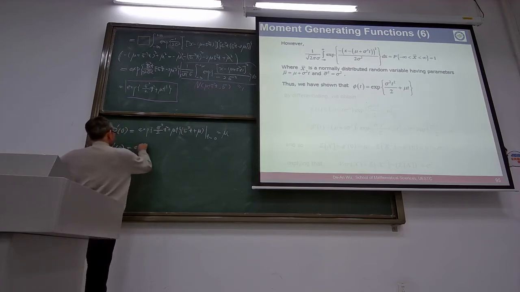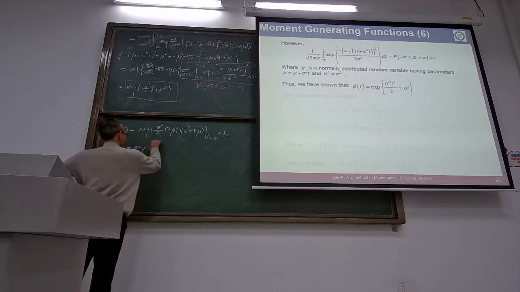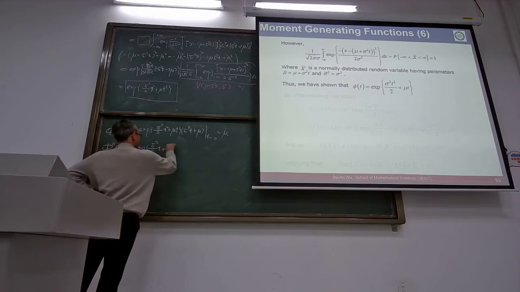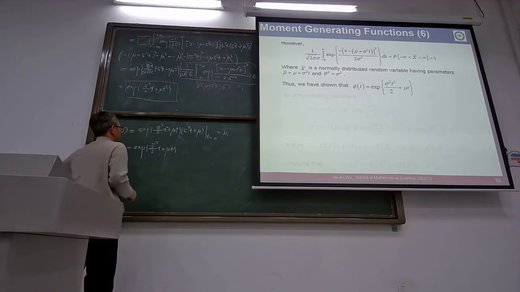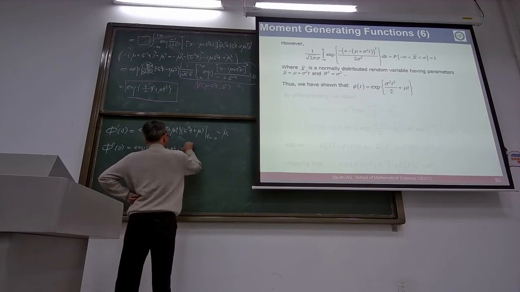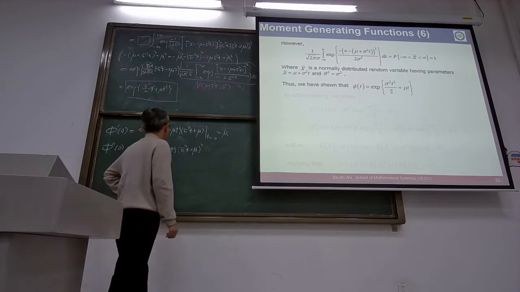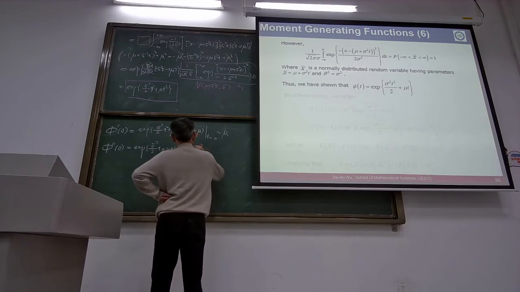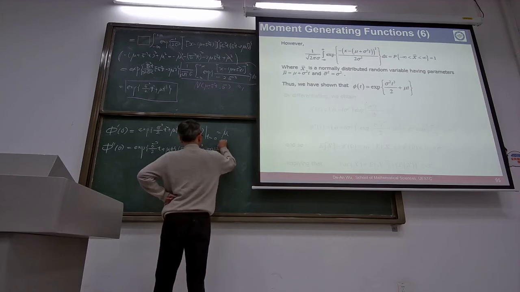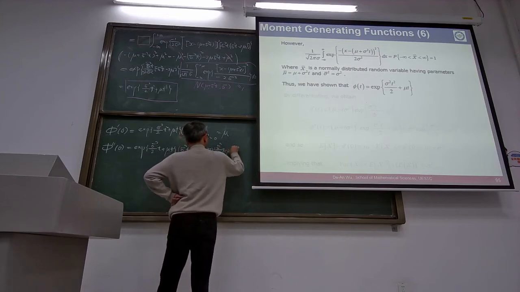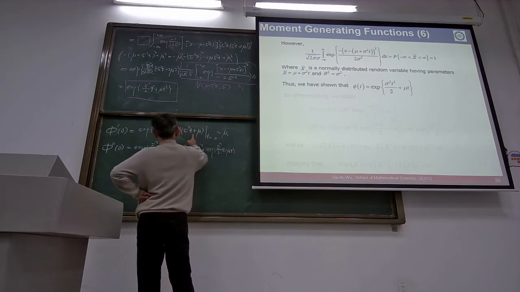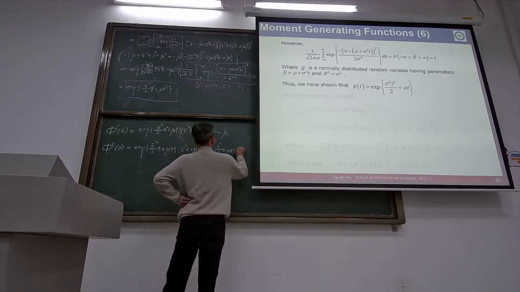This gives exponential and squared, and plus by sigma squared, evaluated at 0.